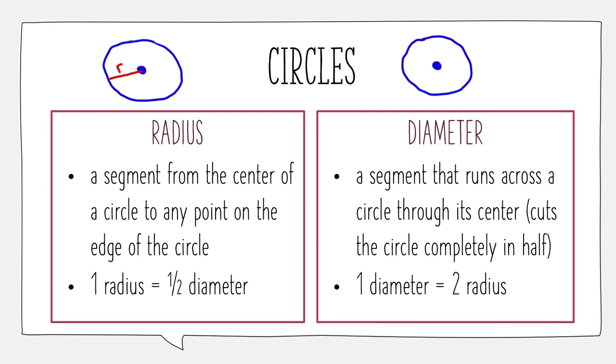The fact that it goes through the center is very important. So we're going to basically cut the circle in half. And that's the diameter. If we don't know the difference between the two, we're going to struggle with the formulas that we're using today and tomorrow and Wednesday.